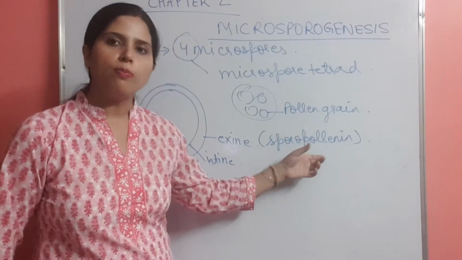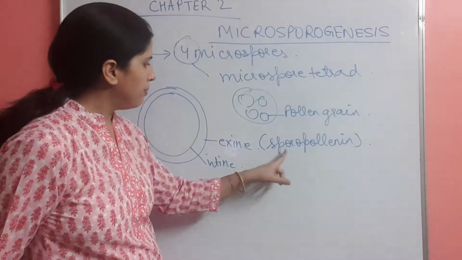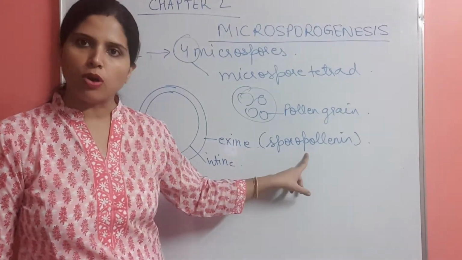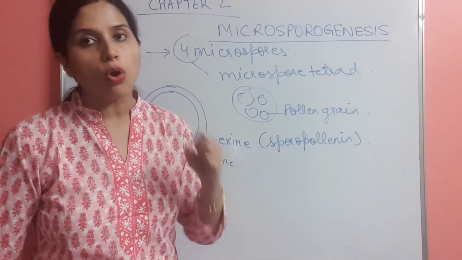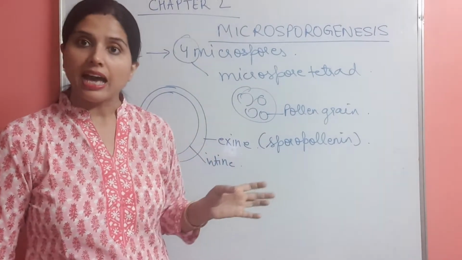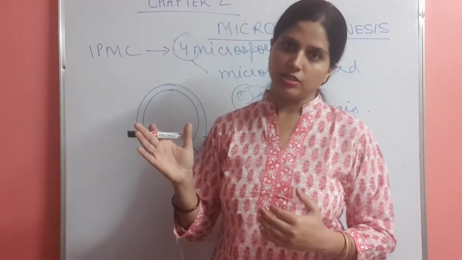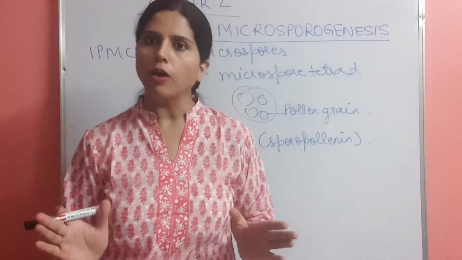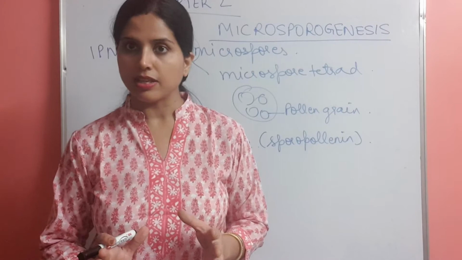Sporopollenin is very important from the NEET point of view also, because this exine layer is one of the toughest materials present on this earth's surface, as it was present in the fossil time also. This sporopollenin cannot be degraded by any acid, any alkali, any enzyme.